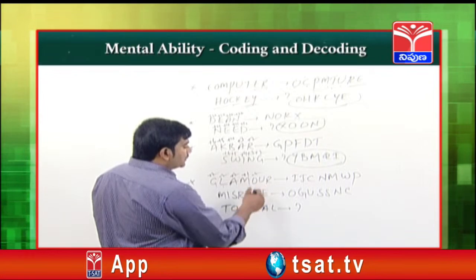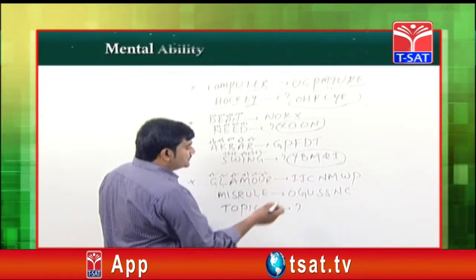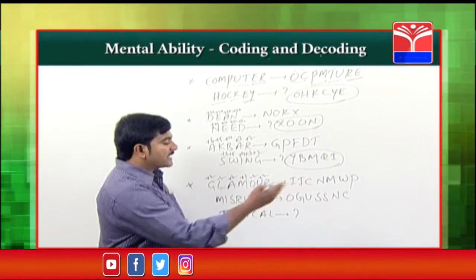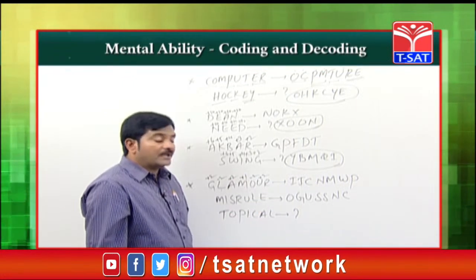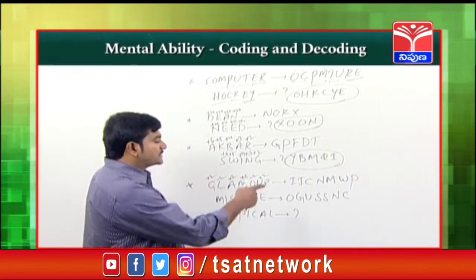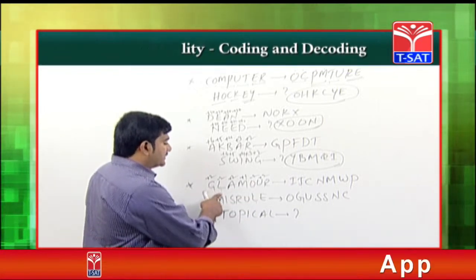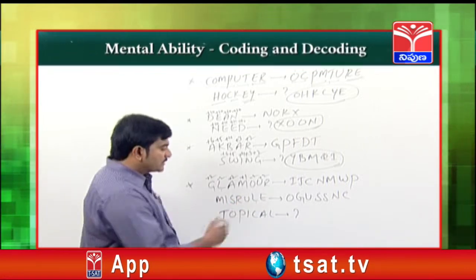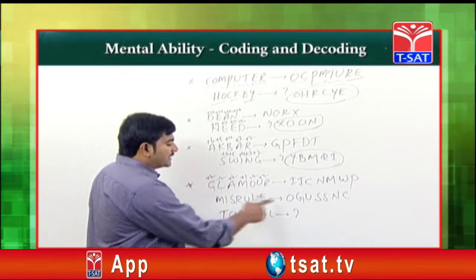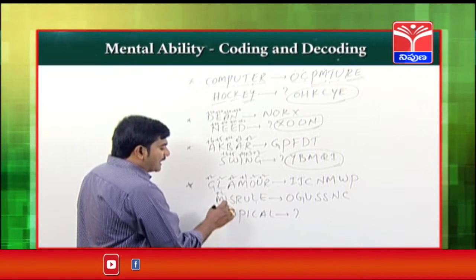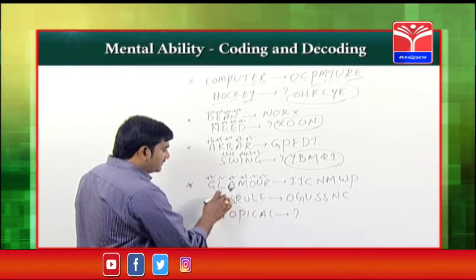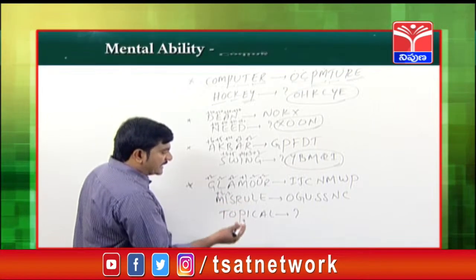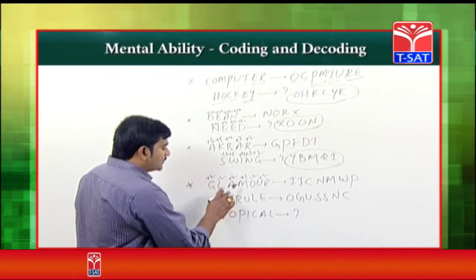U means 21, 21 plus 2 means 23. In a certain code language, GLAMOUR is written as IJC NMWP. How did the word come? +2 -2 +2 +1 -2 +2. So if you observe here, M means 13, O means 15, I means 9, G means 7. S means 19, U means 21.